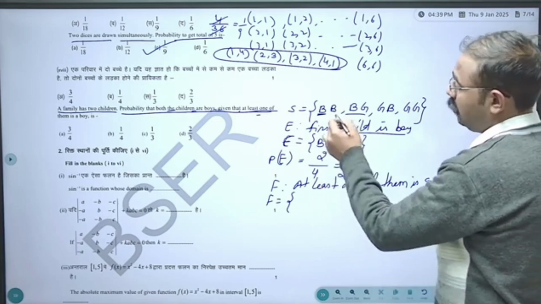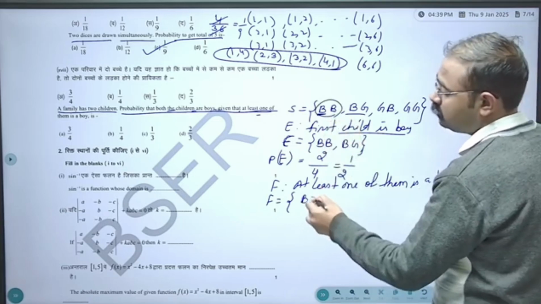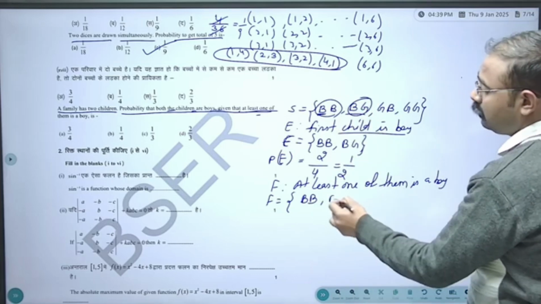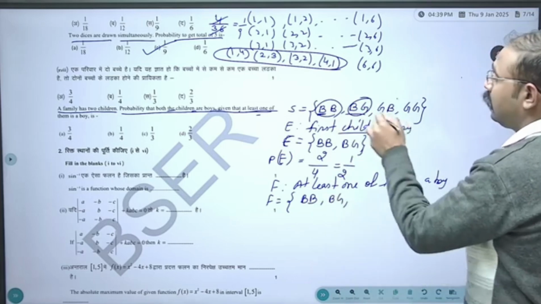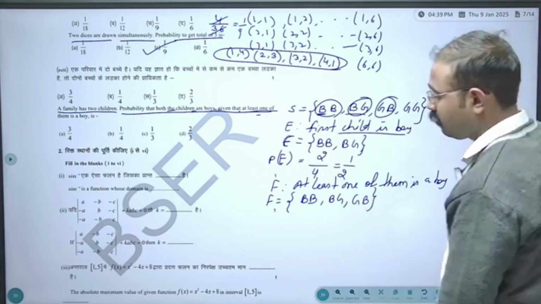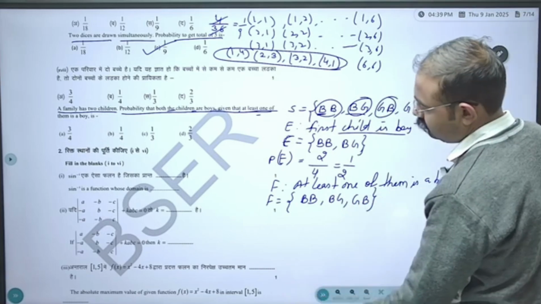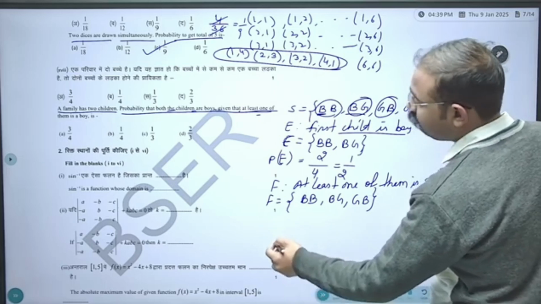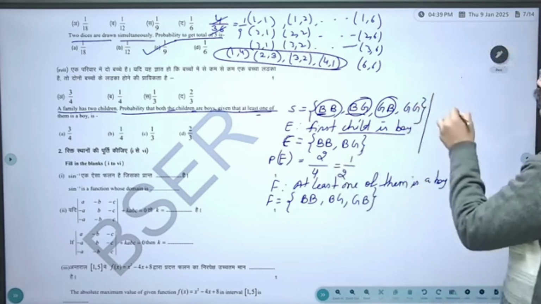So here we have 2 boys, here one boy, then this will also be included in F. Here also we have one boy, so this will also be included. This is F.